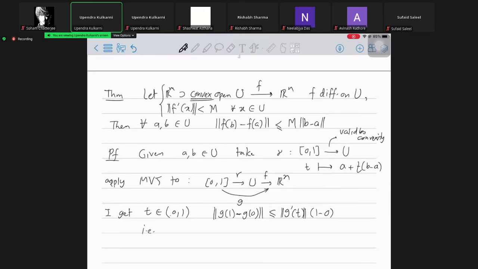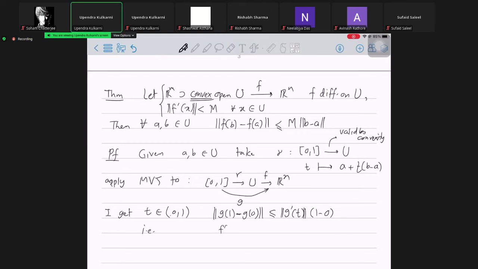But what is G of 1? Just look at the composite function. What is G of 1? That is F of gamma of 1. But gamma of 1 is B. Come on. It's B, right?